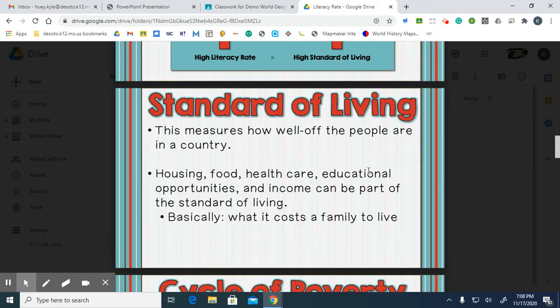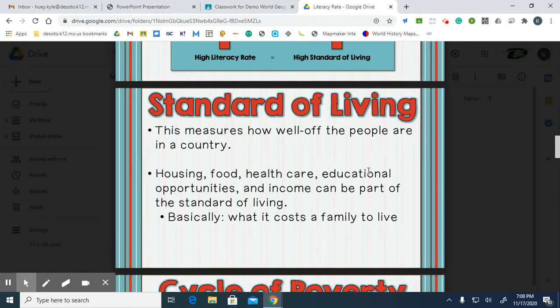So ultimately, the countries that have a higher literacy rate, which means the more people over the age of 15 that can read and write, have a higher standard of living for their families. They can read, they get better jobs, they get paid more, which means they can afford more things.